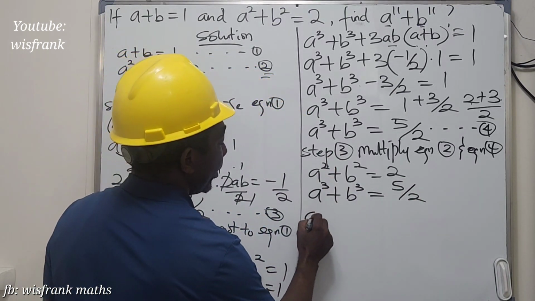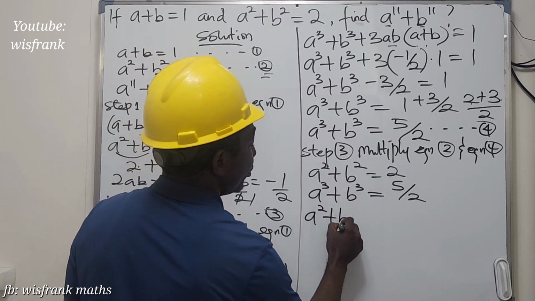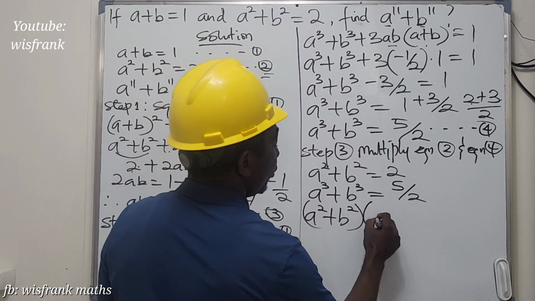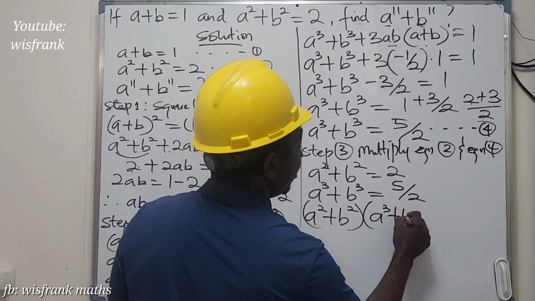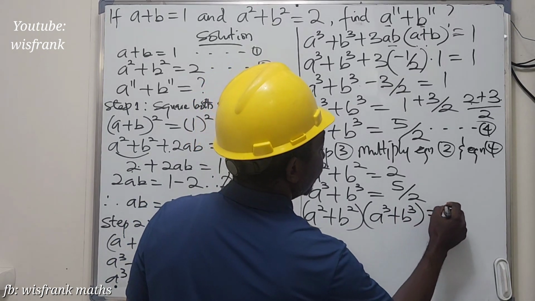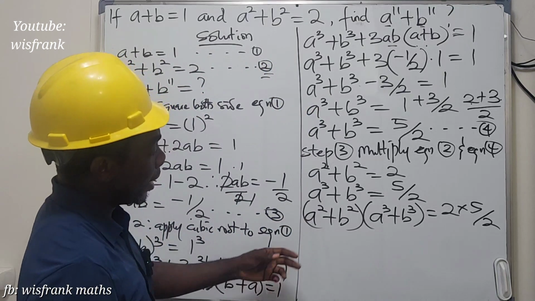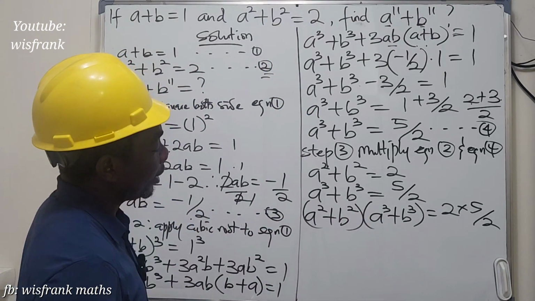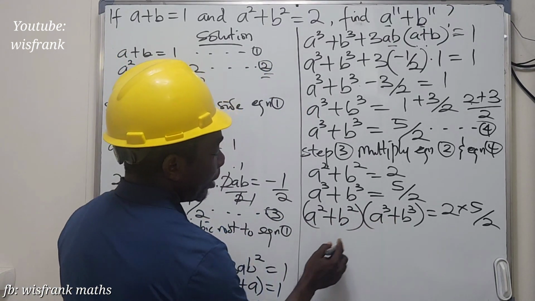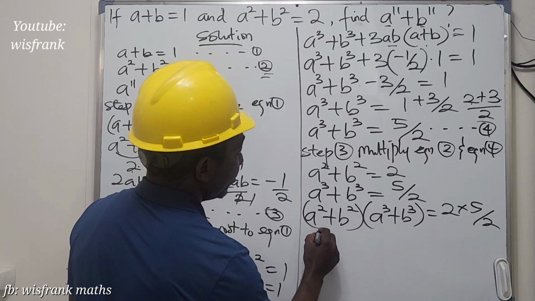So this will become a to the power of 2 plus b to the power of 2 into a to the power of 3 plus b to the power of 3 equals 2 times 5 all over 2. Here we are going to expand this parenthesis. A to the power of 2 times a to the power of 3 gives a to the power of 5.